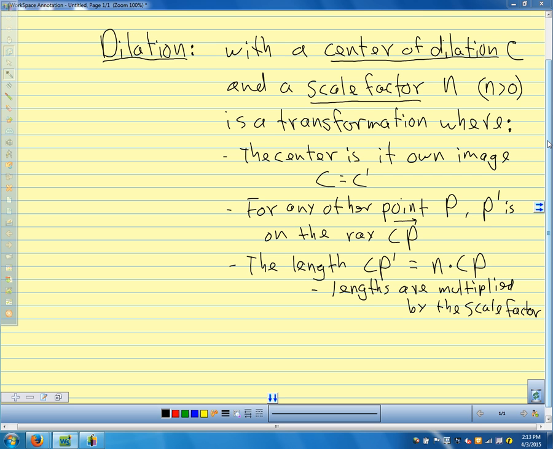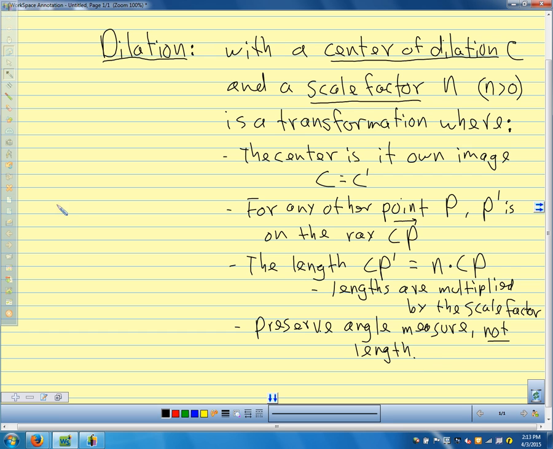We multiplied the length by the scale factor. So what we're saying here is dilations preserve angle measure. The angles stay the same. But they do not preserve length. We end up with a similar picture.